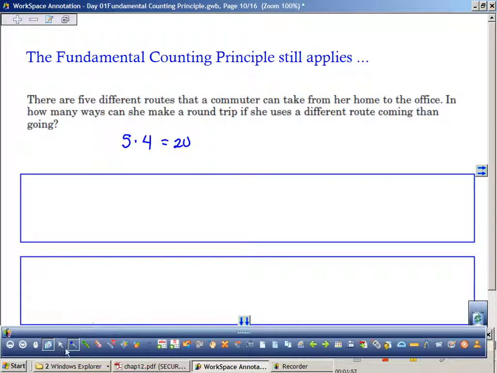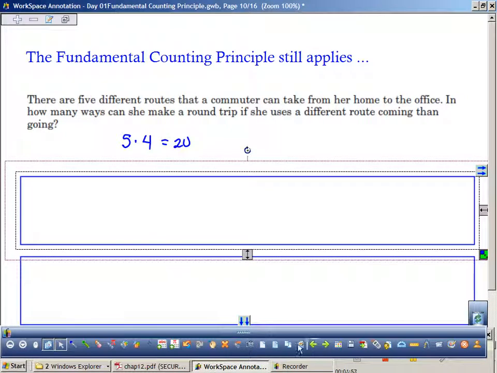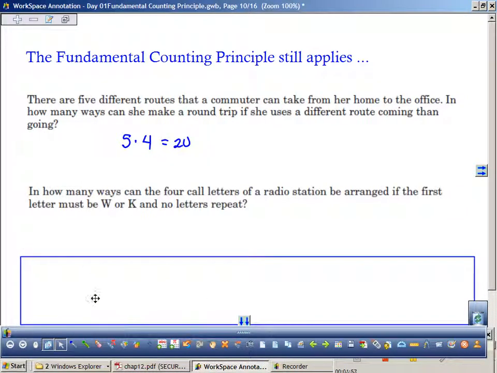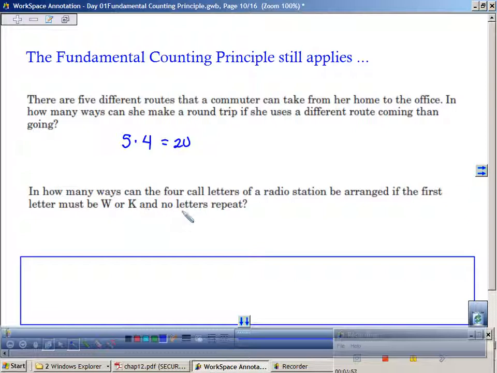Let's look at this one. In how many ways can the 4 call letters of a radio station be arranged if the first letter must be W or K and no letters repeat? So the first one, they talk about 4 call letters, and the first one has to be W or K, so that's 2.